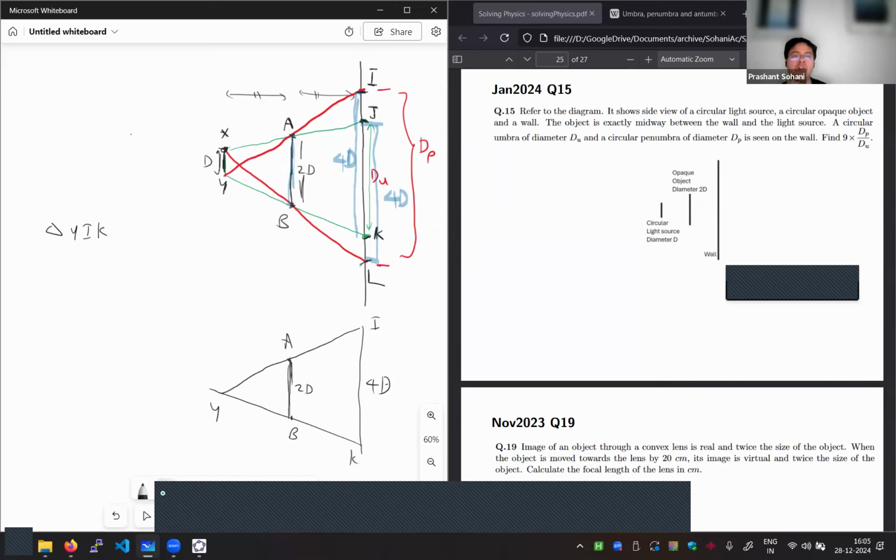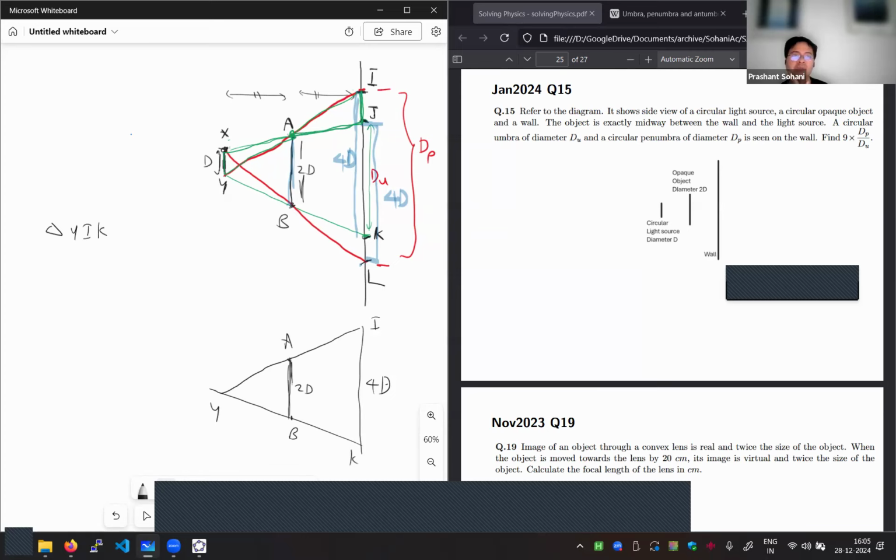there are also some congruent triangles in the diagram. If you look at this, through point A, YAI and XAJ are forming a parallelogram, right? IJ and XY will be equal and parallel because these two triangles are congruent to each other.